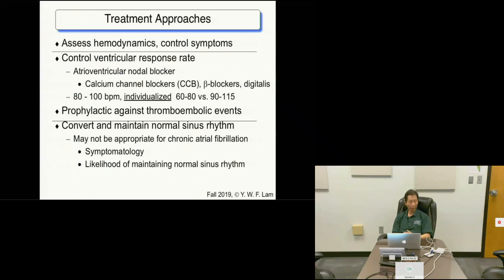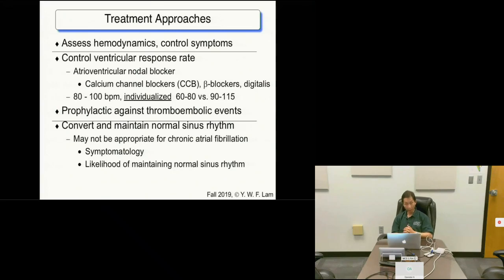Is the patient symptomatic even when the rate is controlled? And more importantly, what is the likelihood of us being able to maintain that patient in normal sinus rhythm? Because if the likelihood of maintaining normal sinus rhythm is low, then even though we revert the patient back into normal sinus rhythm, they're going to quickly revert back into atrial fibrillation also.